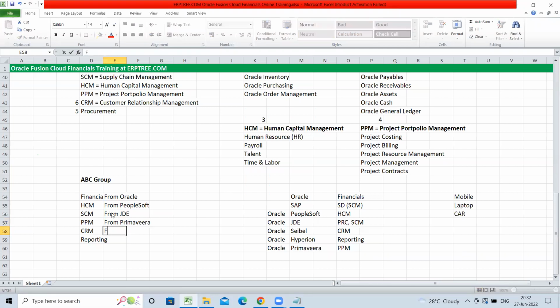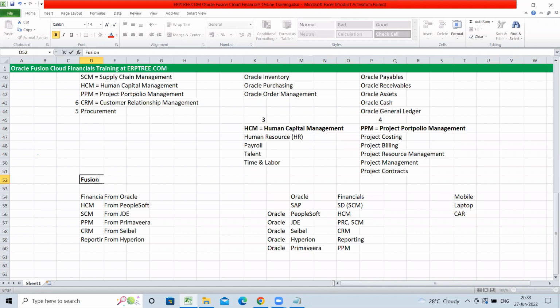CRM solution, they took from Siebel. The reporting solutions, they took from Hyperion. So this is how Oracle did it. From which product, which solution is really famous, those solutions they took and they built it as Fusion. So Fusion means best solution from Oracle applications only, their own product.